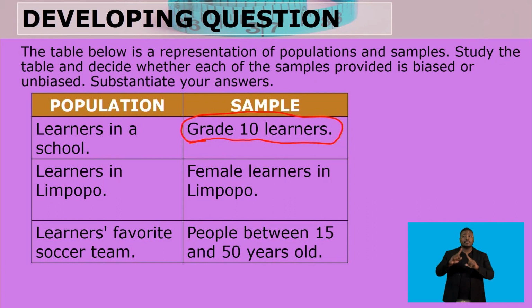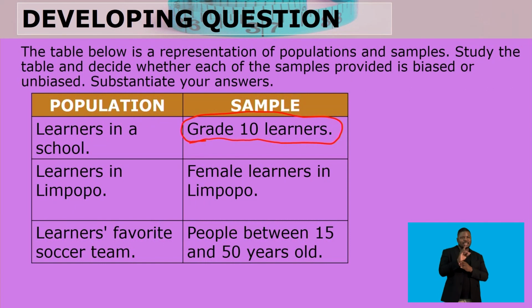If you're looking at the whole school, let's say you're taking just a high school, so you've got learners from grade 8 to grade 10, to grade 12. Now, if we just look at the grade 10s, do they represent everyone in the school? No, they don't. So clearly there's a form of bias. We haven't picked the sample correctly. So to have a better understanding of the school, we'd have to maybe take samples or parts of every grade, boys and girls, and then you'll have a better sample to do analysis with.